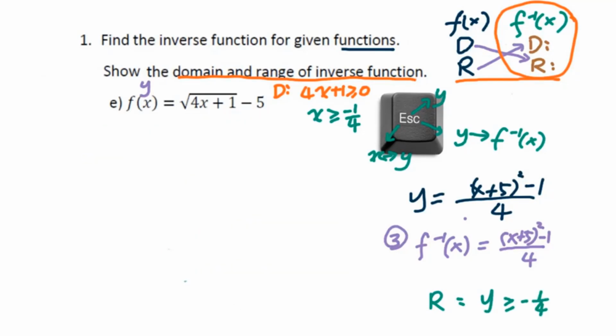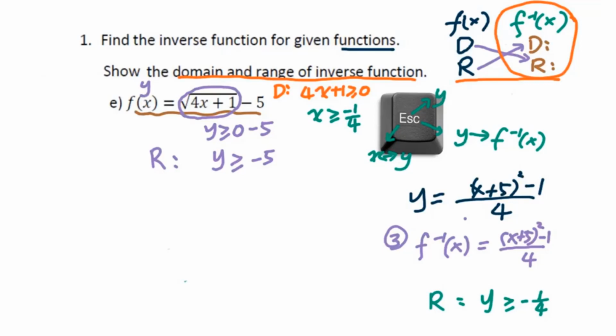Then how do we get the range for this square root function? Remember, whenever you have a square root, that means it is greater than or equal to 0. Nothing to multiply. Therefore, just minus 5. We get y greater than or equal to negative 5. That's the range of the original function.